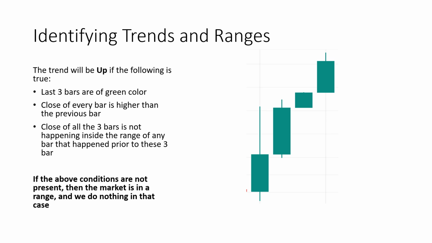When candles close within the high and the low of a bar, a range is formed. So if three bars are inside the high and the low of a bar, there is no trend. The market is in a range. These three bars should be making new highs and should not be within the high and the low of any bar.